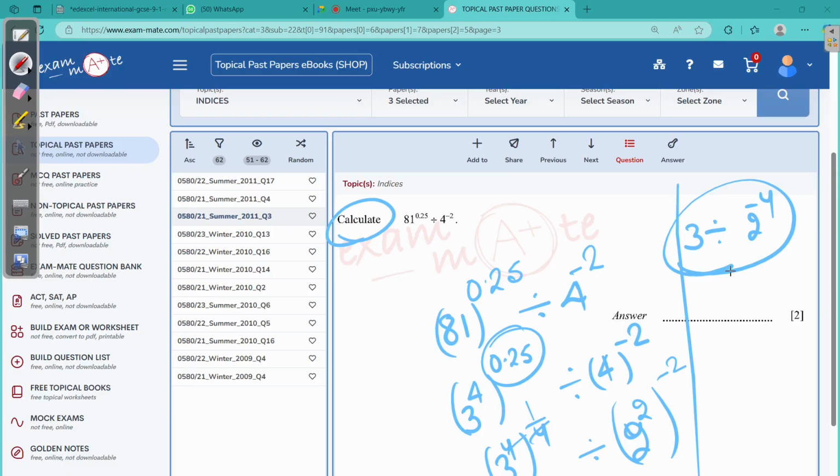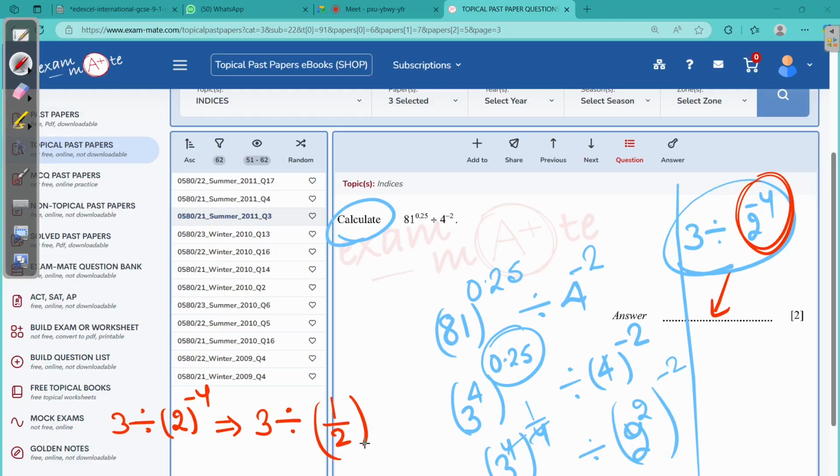Either you can first convert your power into positive power. For that, you have to do the reciprocal of your base. Let me write from here. It is 3 divided by 2 raised to power minus 4. If you have a problem with this negative power, first convert it into the positive power. So it is 3 divided by 1 over 2 raised to the power 4.